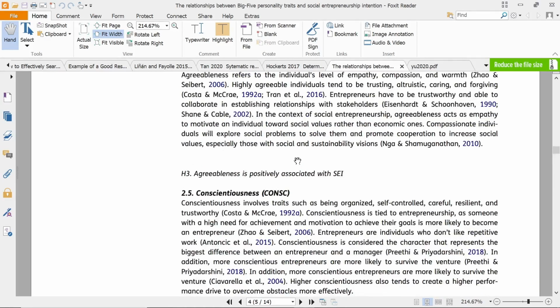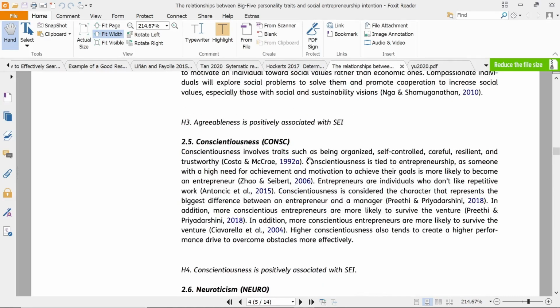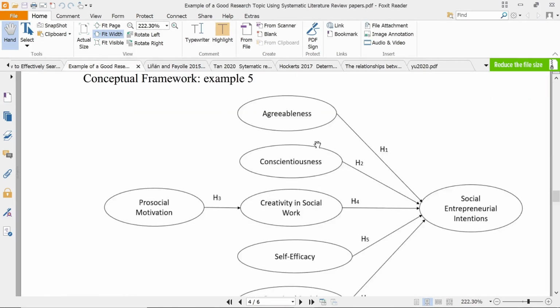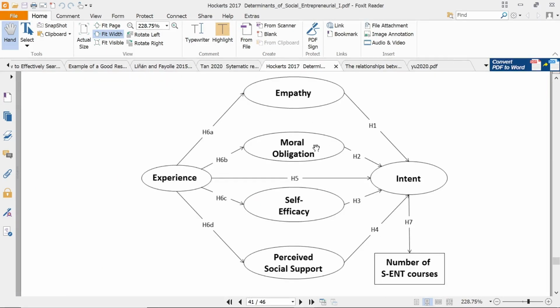So conscientiousness involves traits such as being organized, self-controlled, careful, resilient, and trustworthy. So this, I placed it in place of moral obligation.